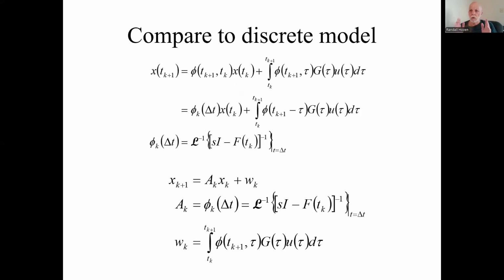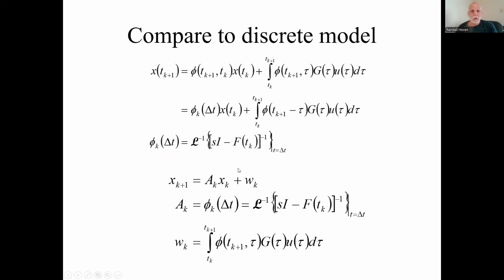Compare that to our discrete state space model. Here was the continuous time stuff. Here was the discrete state space model. Well, the A sub k will be this state transition matrix, the inverse Laplace transform.